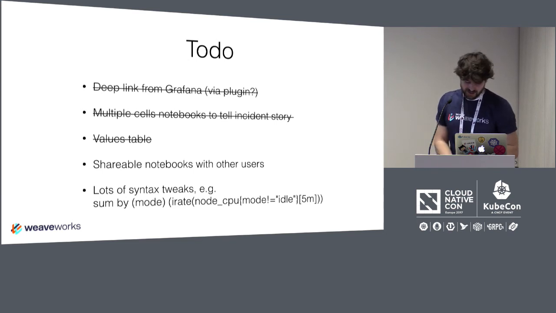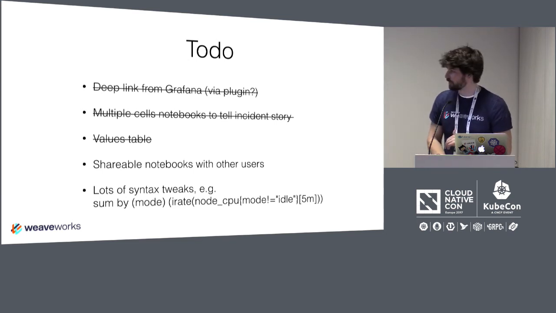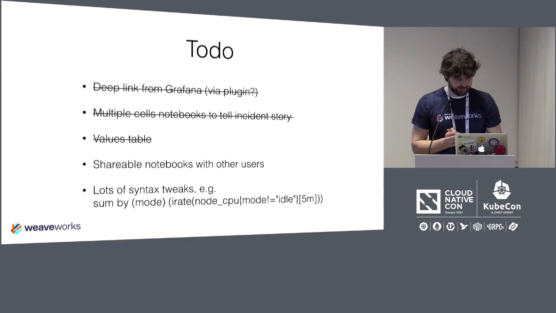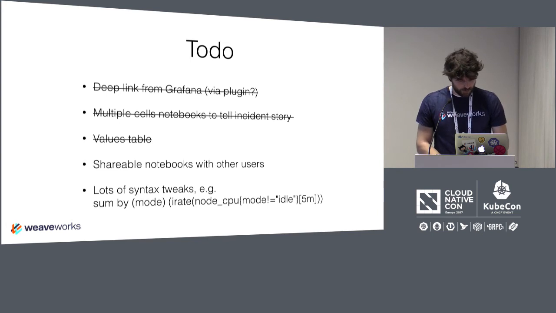And then there's some syntax tweaks. Because, for example, if you look at that last query there, it's sum by mode. And since we're using some kind of greedy algorithm to the left, maybe here we start to look to the right. Somehow we have to figure out that it was the node CPU metric. So there's lots of little tweaks.